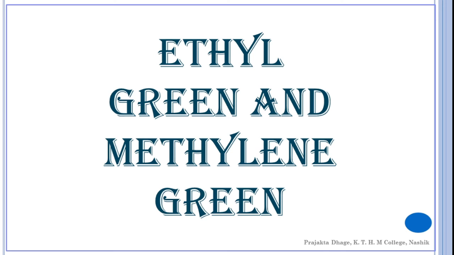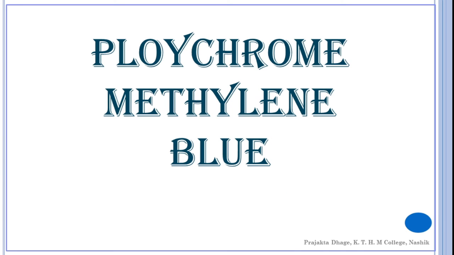Next one is polychrome methylene blue. The staining solution is a mixture of thiazine dyes produced by oxidation and demethylation of methylene blue. The polychroming may be accomplished in various ways.